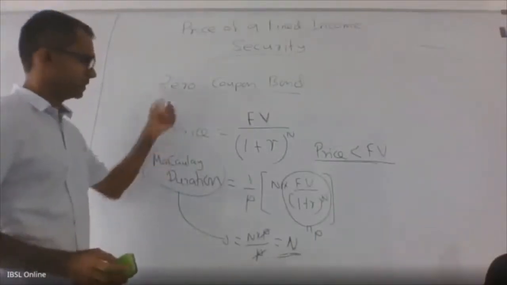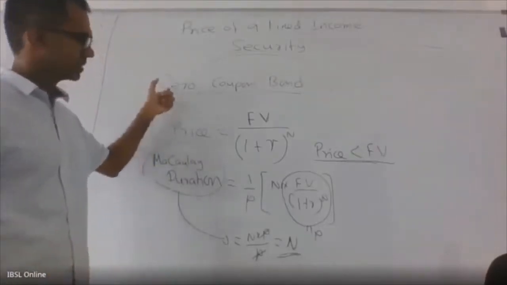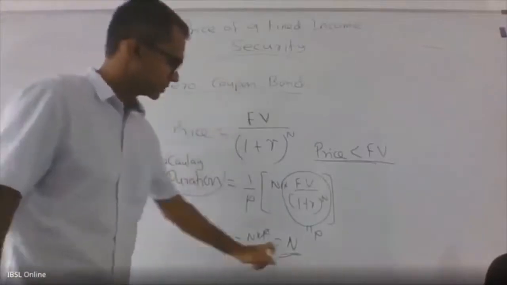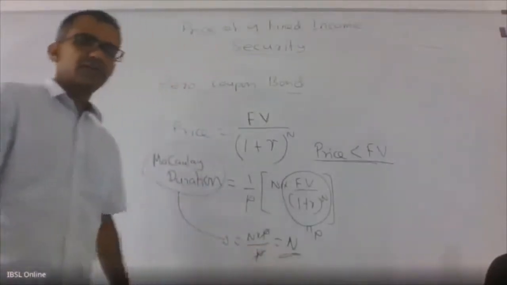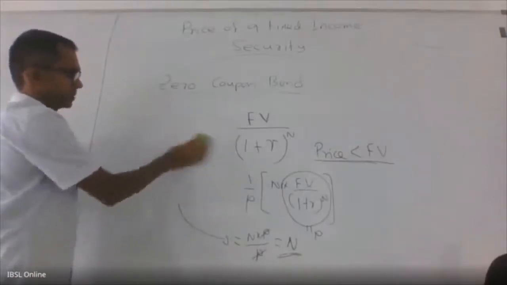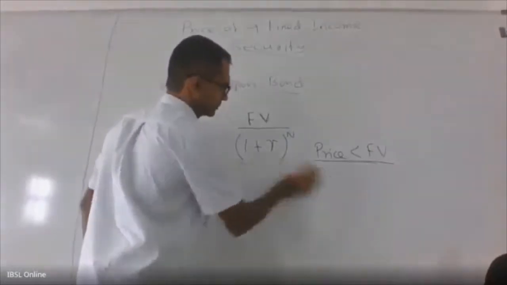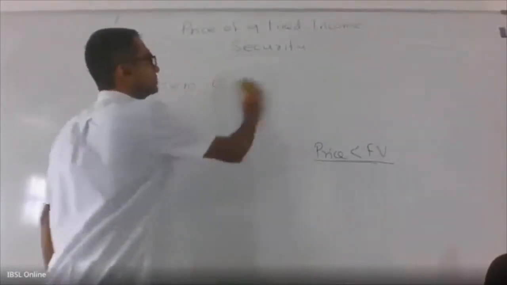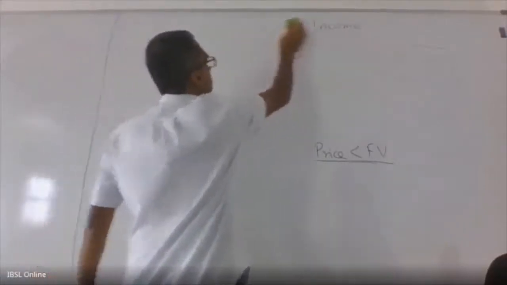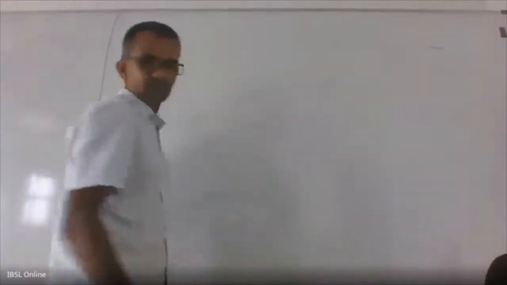So this is a very important thing. For a zero coupon bond, duration equals the maturity of the bond. Any question?